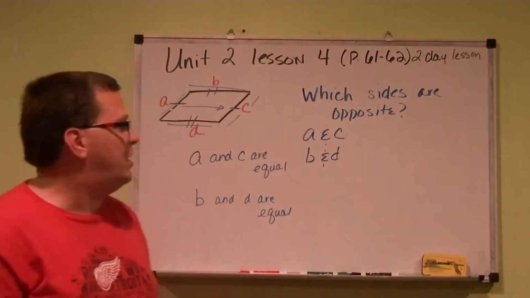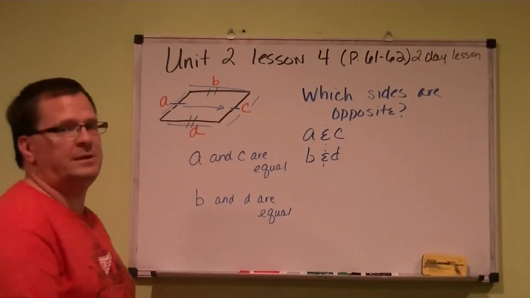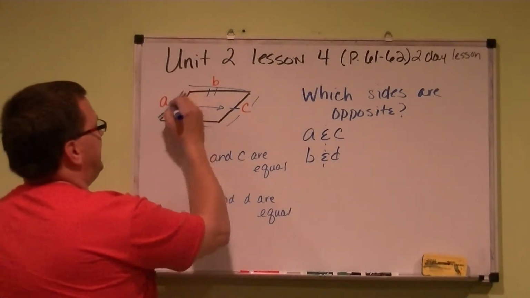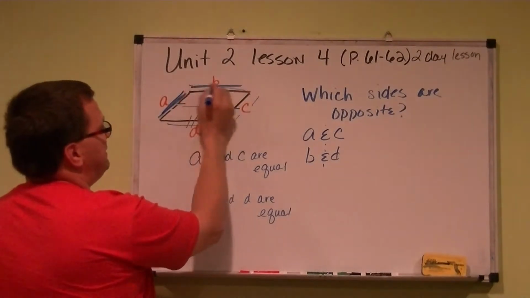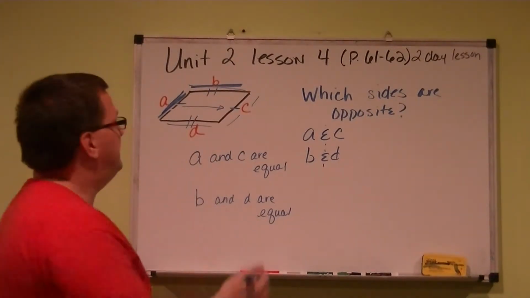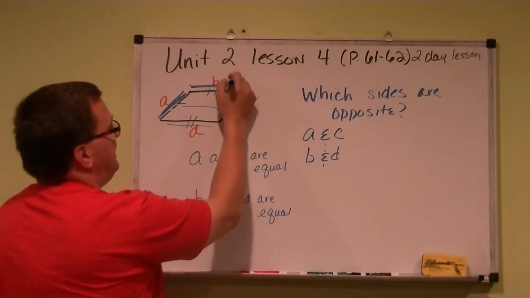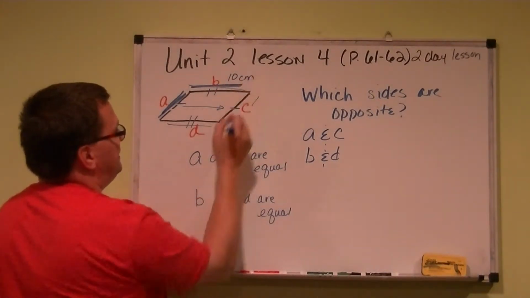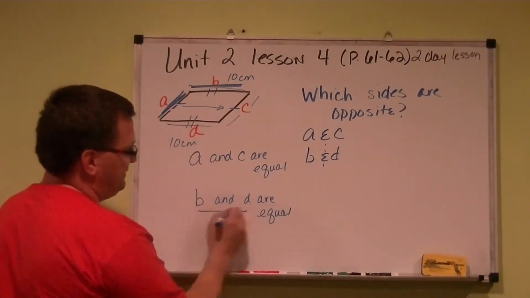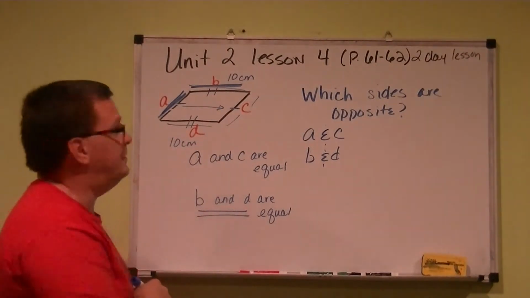Would you have to measure all four sides of a parallelogram? The answer is no. You only have to measure, let's say, side A and side B. You do not need to measure all four sides because if B is 10 centimeters, so is D. D is 10 centimeters because we said B and D are equal.